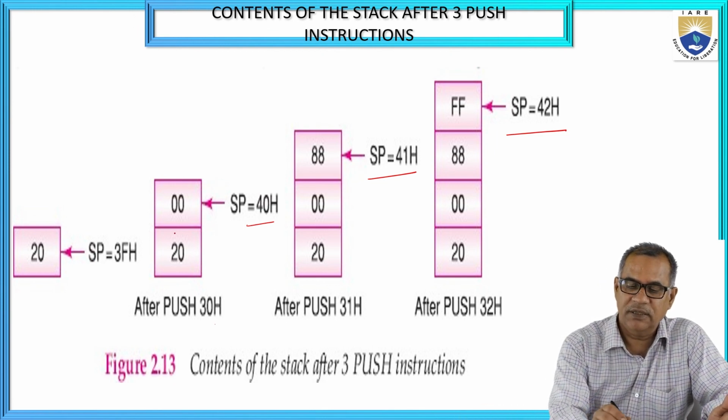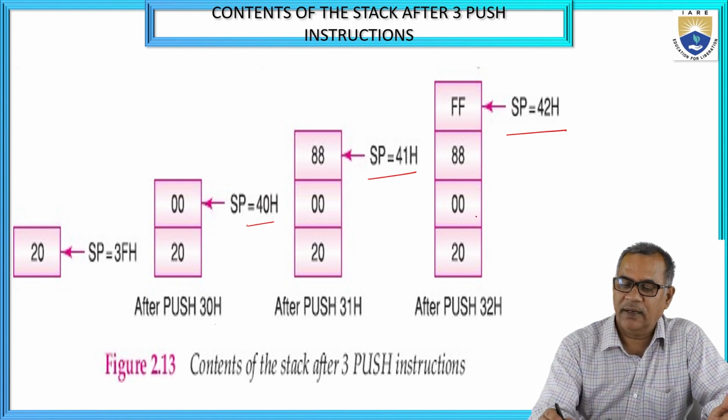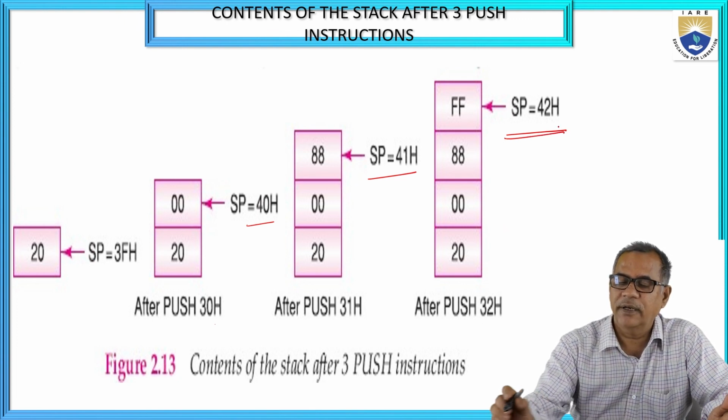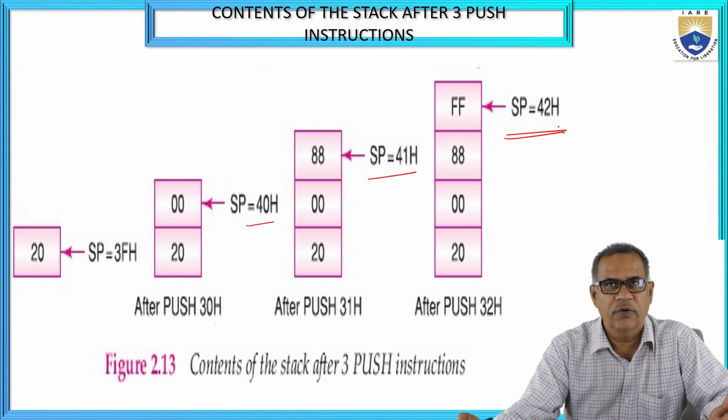So in the first operation, 00 is pushed to the stack, then 88 is pushed to the stack, and after the third push operation, FF is pushed into the stack, and the stack pointer is updated as 42H.